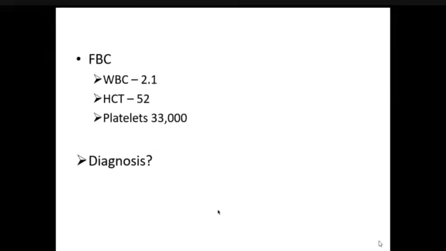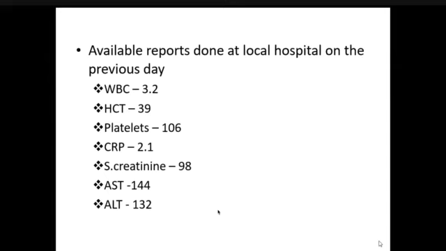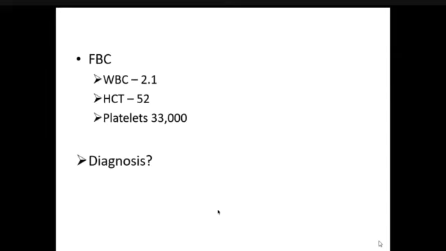So hematocrit here is 52, platelet count 33,000, right? So your diagnosis is confirmed, right? The initial hematocrit was 39 and it has gone up to 52, and platelets were 106,000, it has dropped down to 33,000.